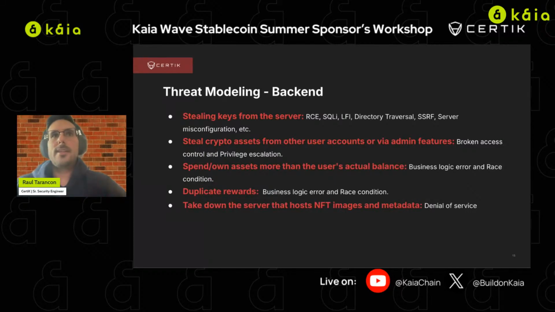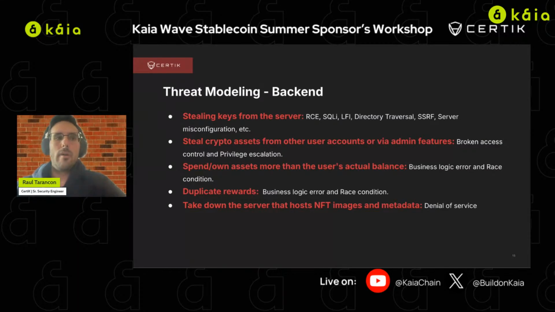So let's start with the threat modeling of the backend. Here we have these threats. The first one is stealing keys from the server. This can be achieved with vulnerabilities like remote code execution, SQL injection, local file inclusion, and so on. The second one is stealing crypto assets from other users' accounts or via admin features.